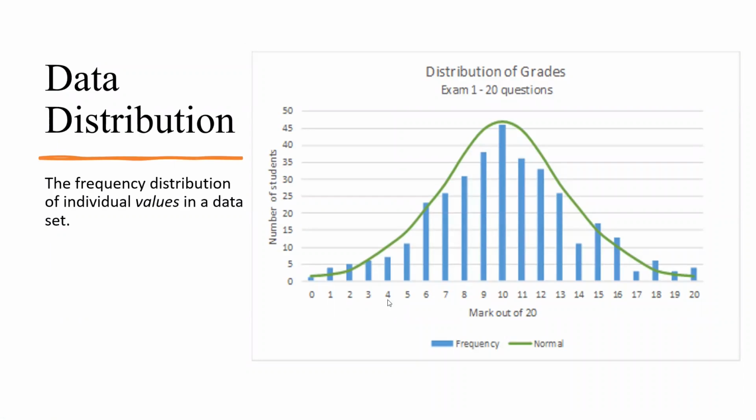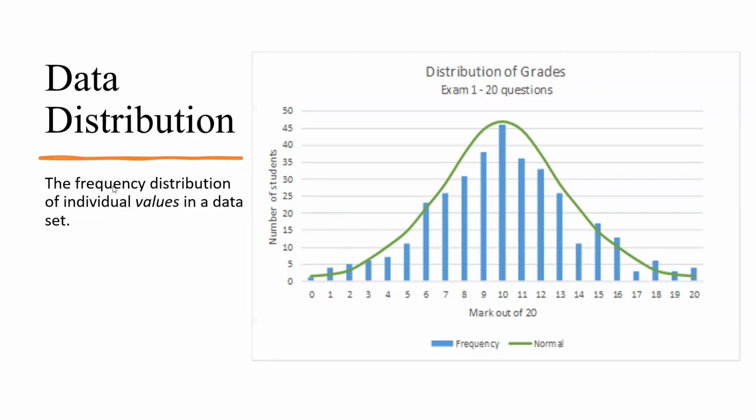If you see the visualization on the right side, on the x-axis we have the marks out of 20, and on the y-axis we have the number of students. It's basically telling us, at each of those mark points, how many students received that many points. Once I plot all the students in the class, I get the frequency distribution.